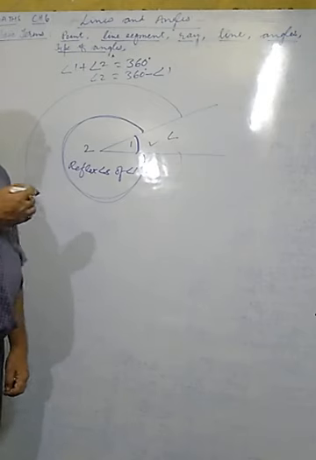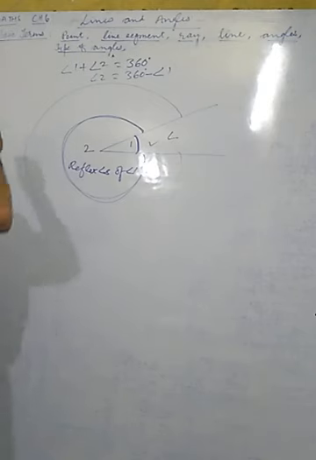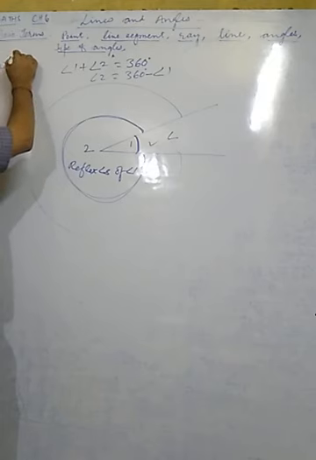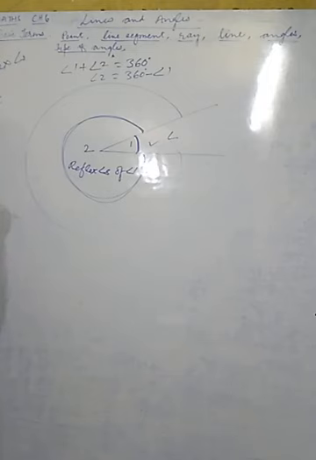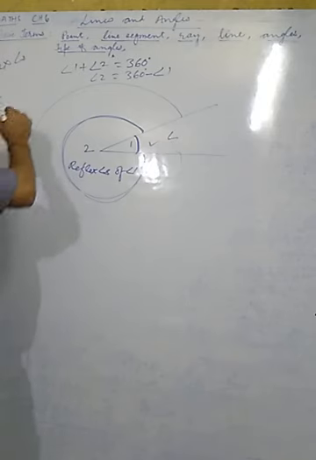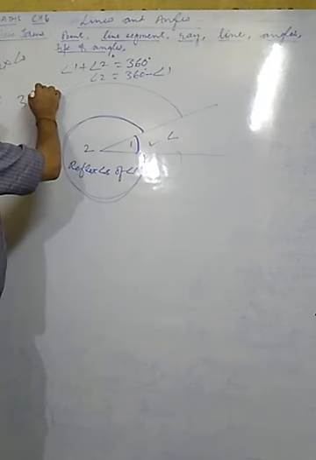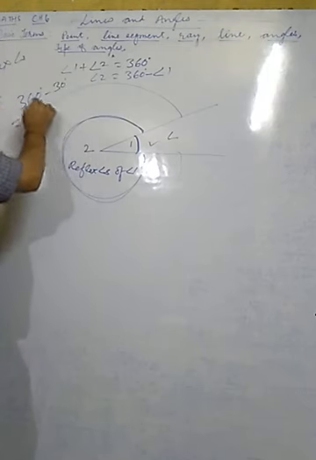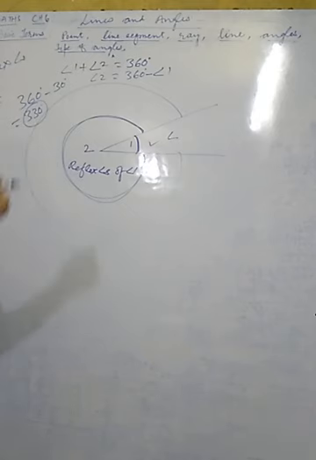Suppose you are asked to find the reflex angle of 30 degrees. It will be calculated as 360 degrees minus 30 degrees, which is 330 degrees. This is the reflex angle of 30 degrees.